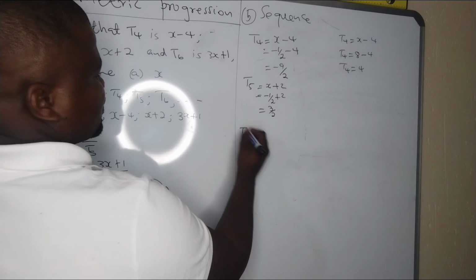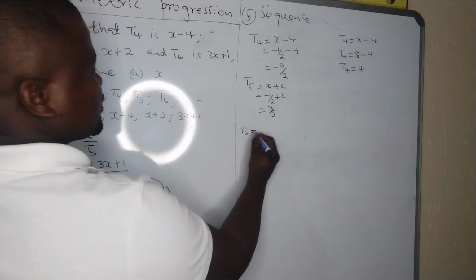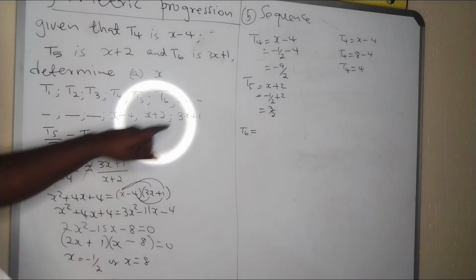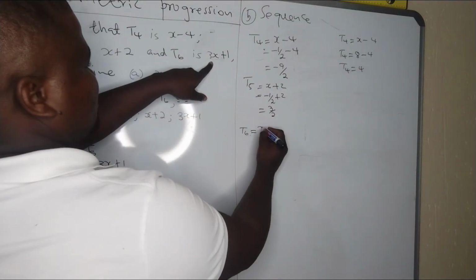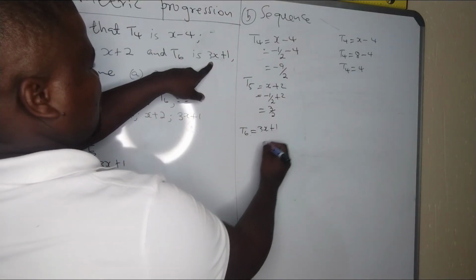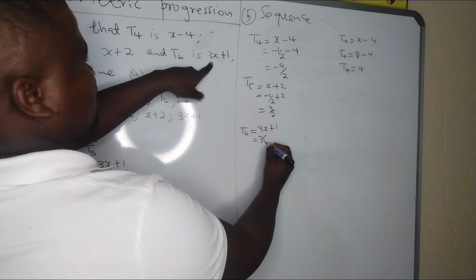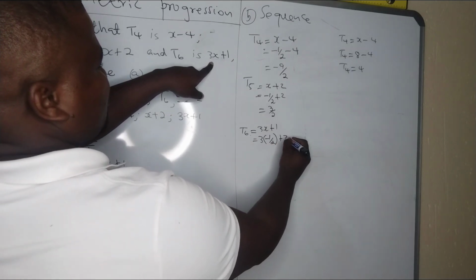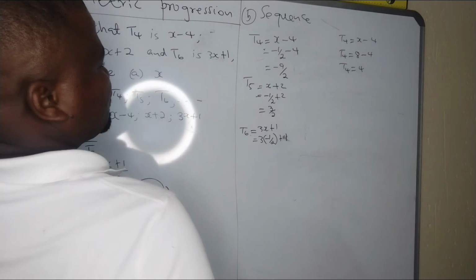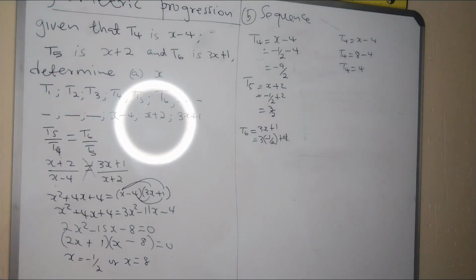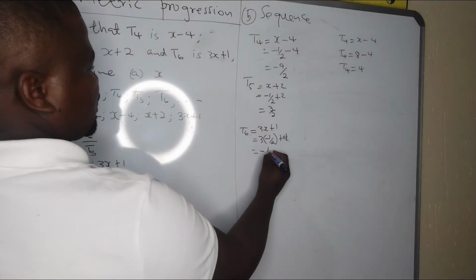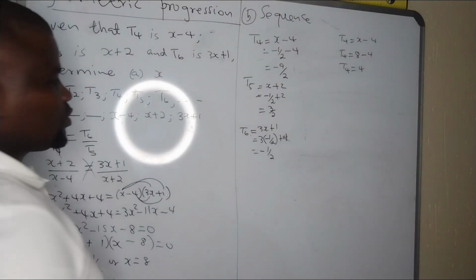Let's say T6. T6 is going to be 3x plus 1. So this is 3 into negative 1 over 2 plus 1. So when you check this, the answer will be negative 1 over 2.